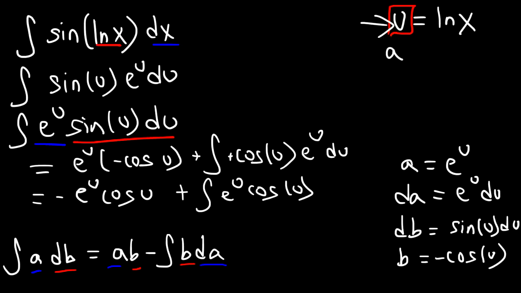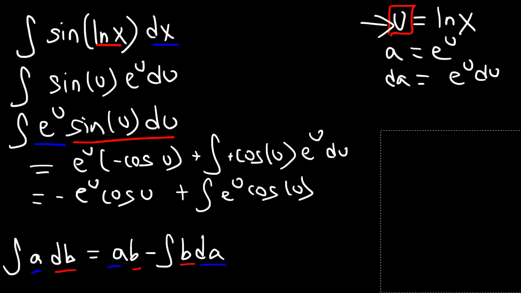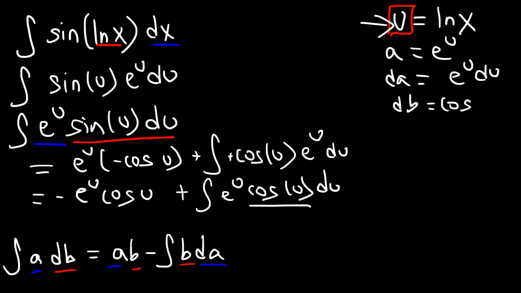I'm going to make a equal to e to the u again, so dA is going to be e to the u du. Now dB is going to be cosine of u du, and b, the integral of cosine, is going to be sine u.